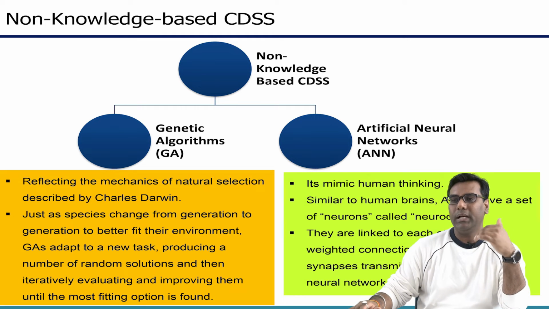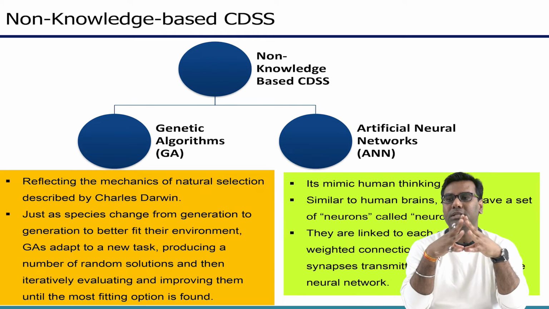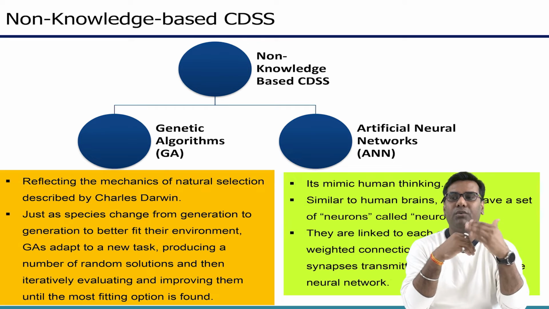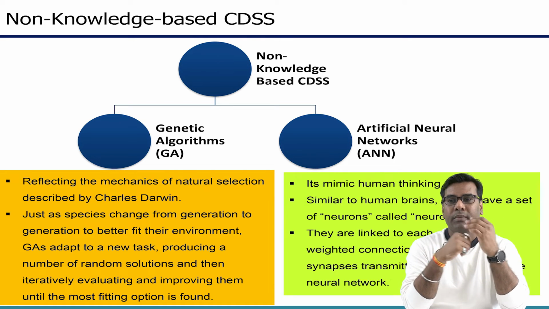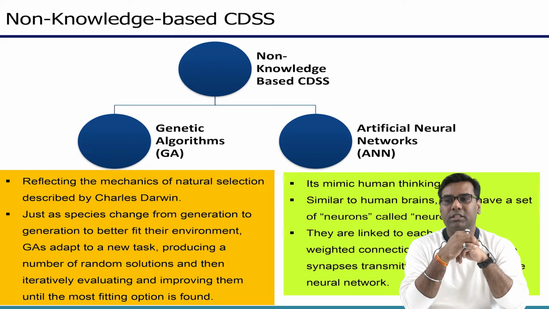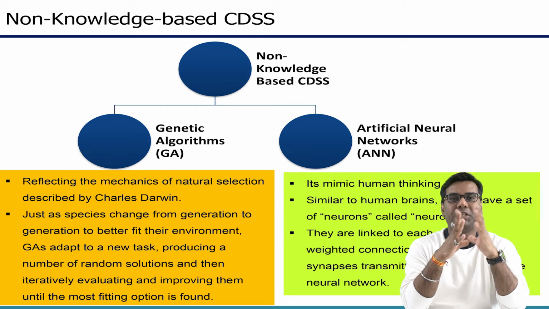So what are genetic algorithms? Genetic algorithm reflects the mechanics of natural selection that is described by Charles Darwin, just as species change from generation to generation to better fit their environments.